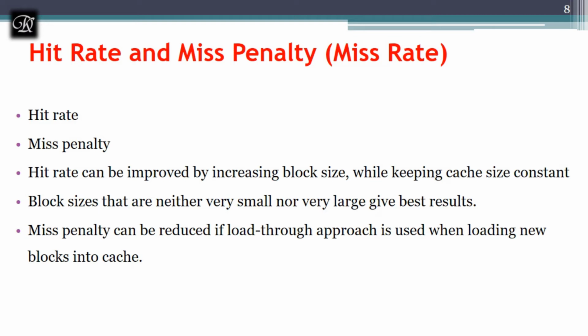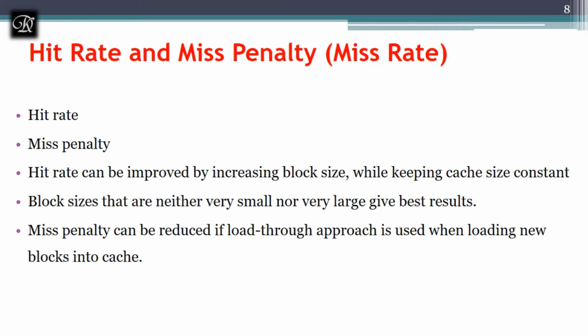Hit rate can be improved by increasing the block size. We can increase the block size so that we can get more data within one block and the hit rate will be higher. But we should remember the cache size also, and each word line of the cache.